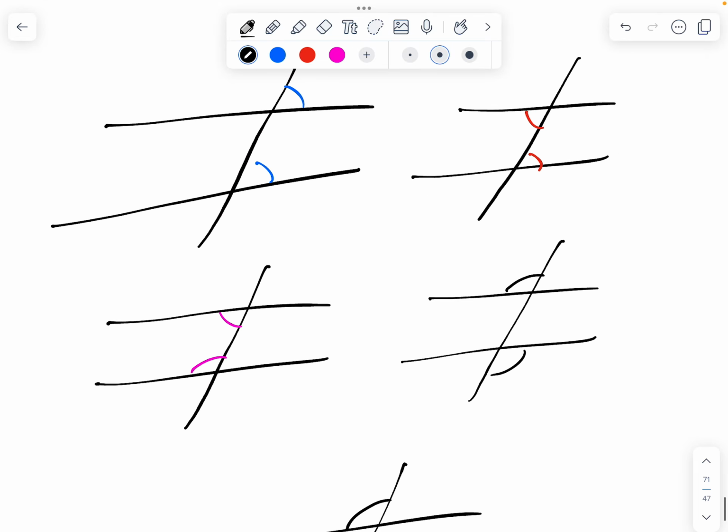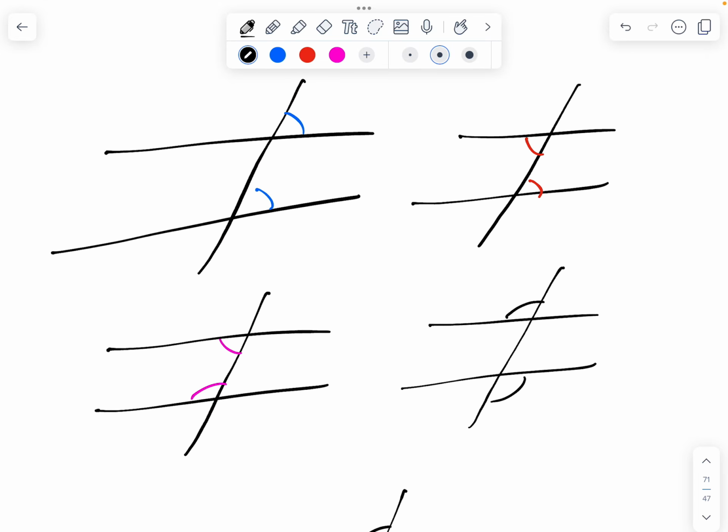Now, we have some theorems for these. Basically, it's the same thing with little angle and big angle. These both look like they're little, so they are congruent. So corresponding angles are congruent. These are also congruent.